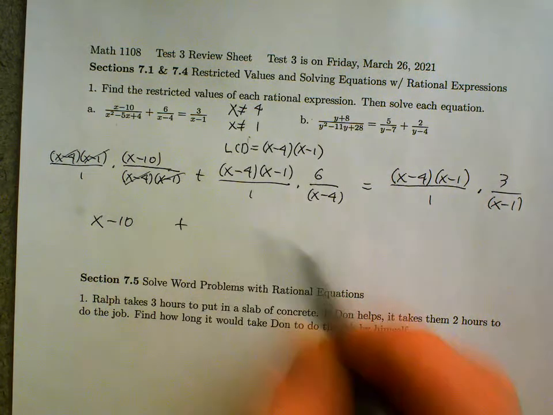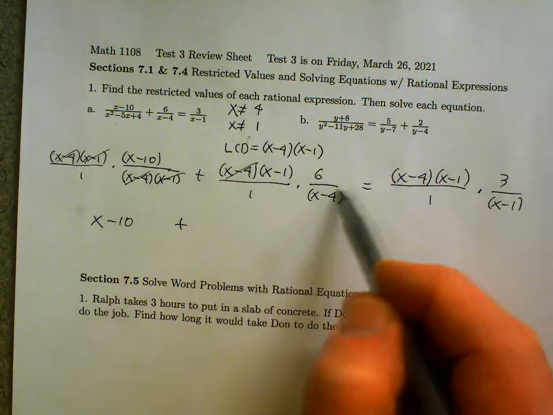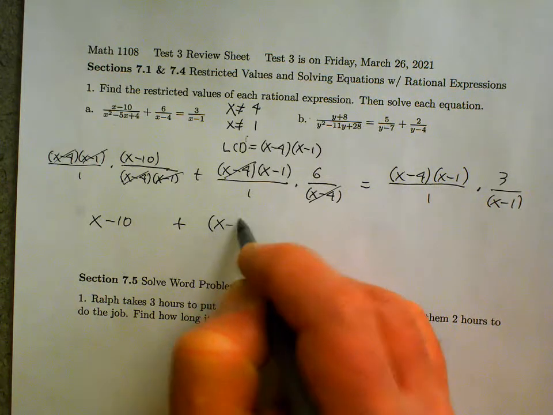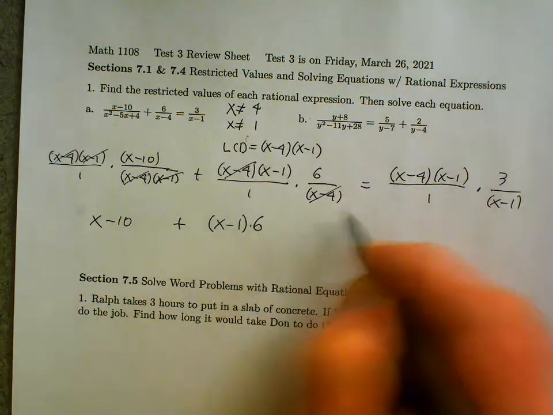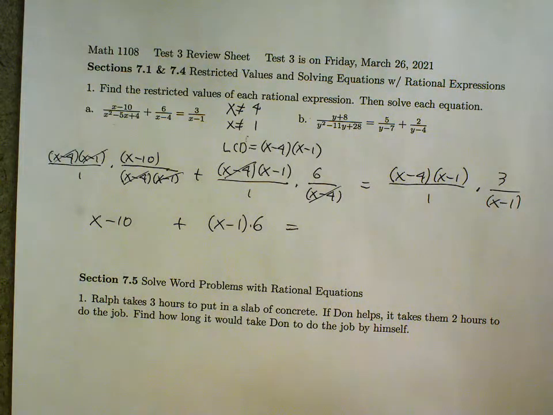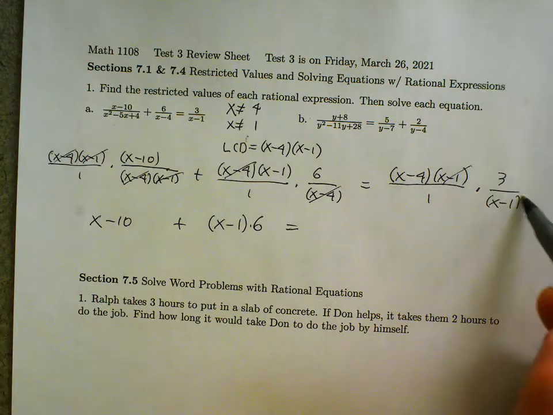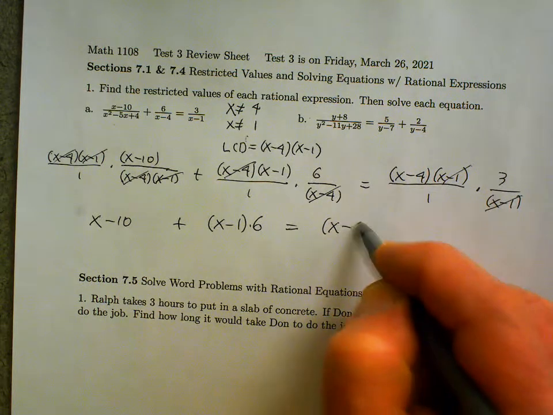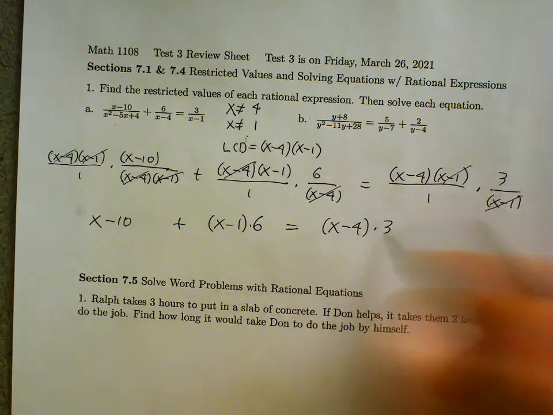And then the next term, x minus 4 divided by x minus 4 cancels. So we have x minus 1 times 6. On the right-hand side of the equation, x minus 1 divided by x minus 1, those cancel. And we're left with x minus 4 times 3.